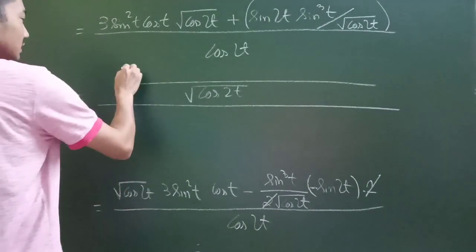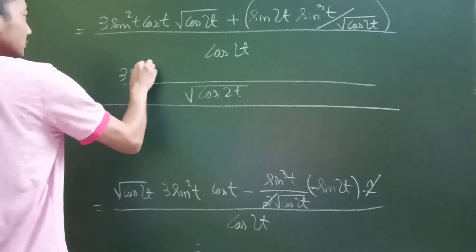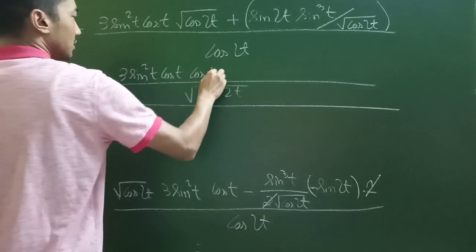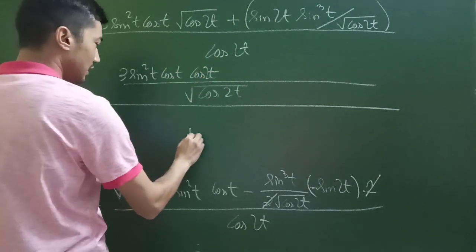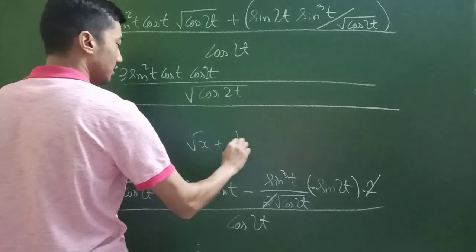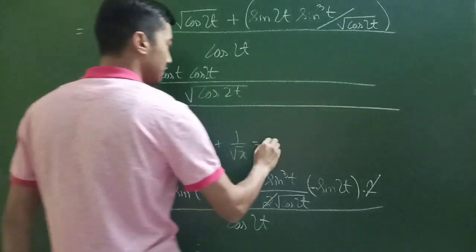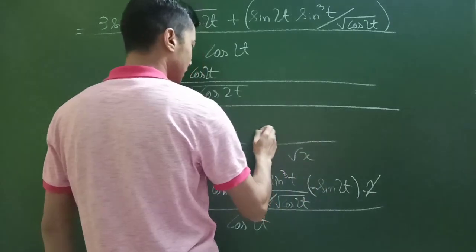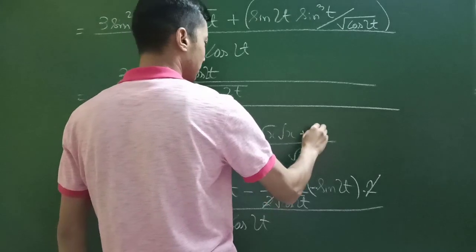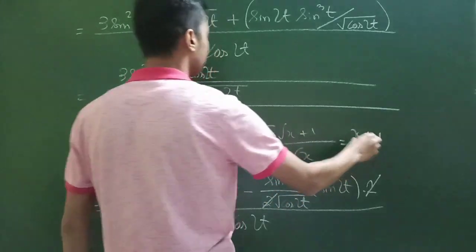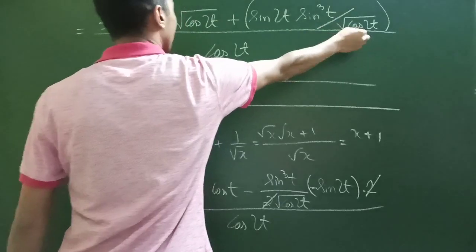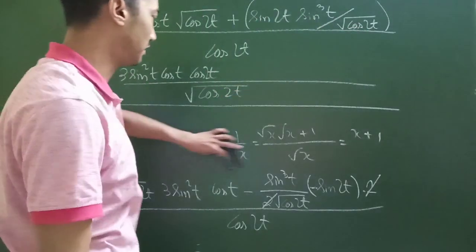That's going to be 3 sine square t cos t times cos 2t. For example, root x plus 1 by root x: the LCM will be root x, so root x times root x gives x, plus 1. That's what happens here with root of cos 2t. The LCM root cos 2t goes up and gets multiplied.